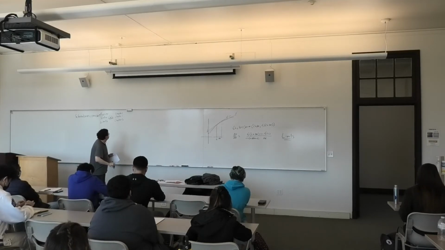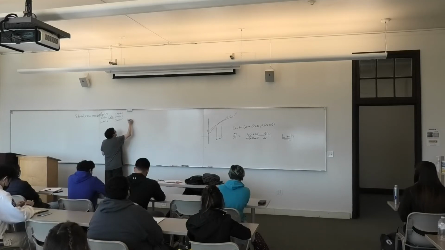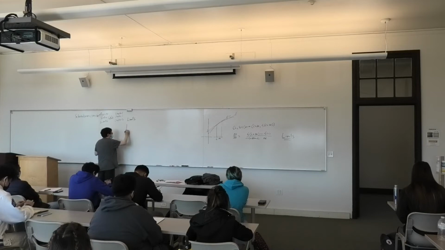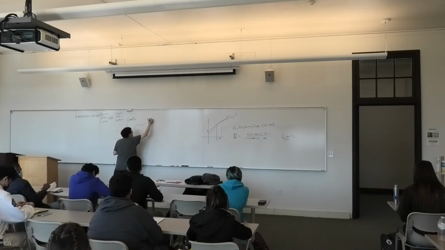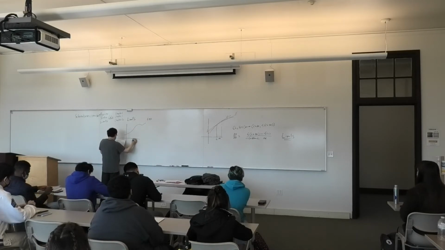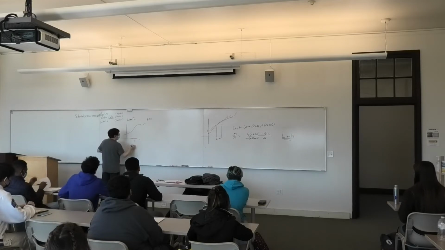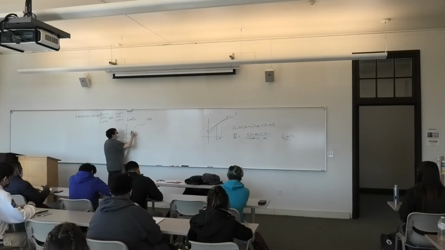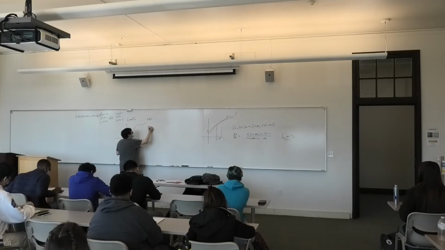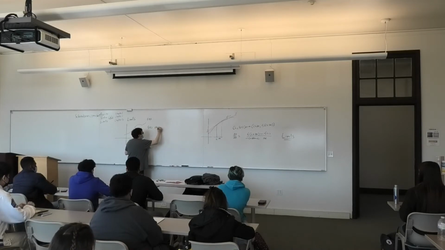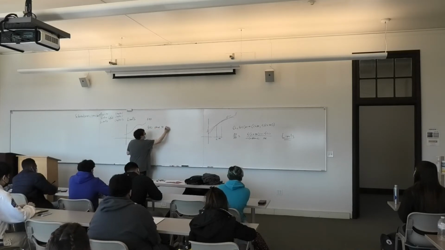So let's talk about limits a little bit. We have some function, and I have some x value c. And I'm interested in the value of f of x close to c.